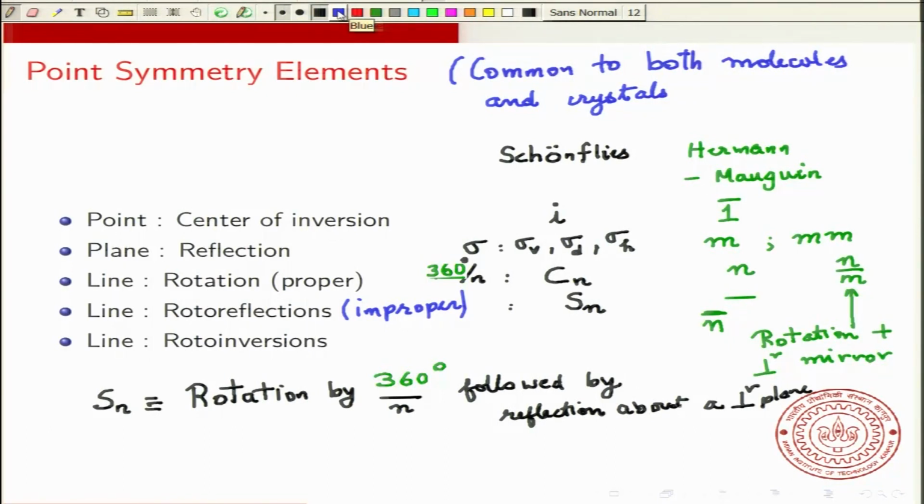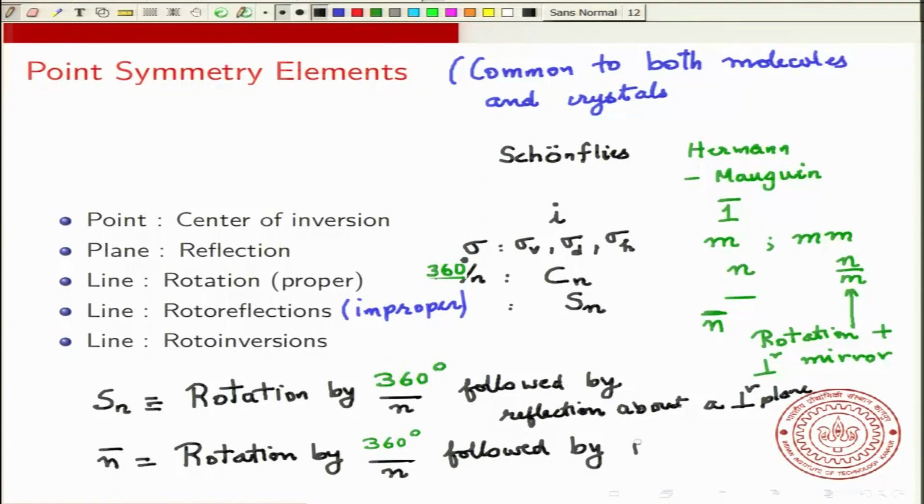So it is the individual operations that are described by these symbols. I'll just write for completeness n bar equal to rotation by 180 degrees divided by n followed by inversion about the center of inversion.